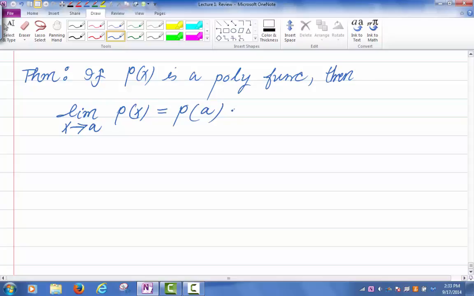All I have to do is plug in a for x and compute the value of the function. Is everybody okay with that?